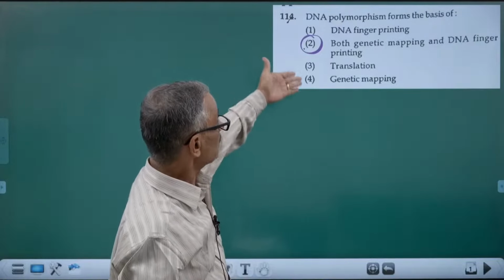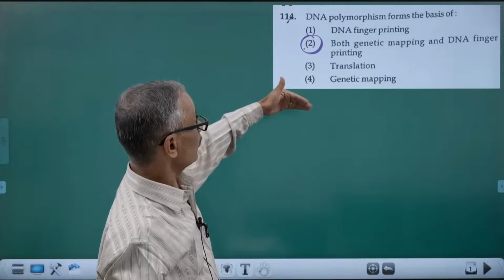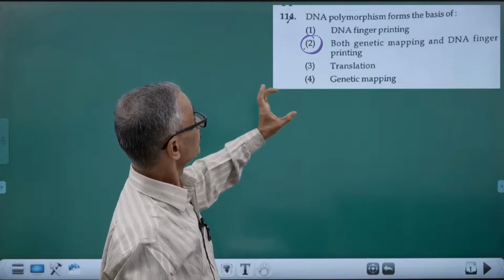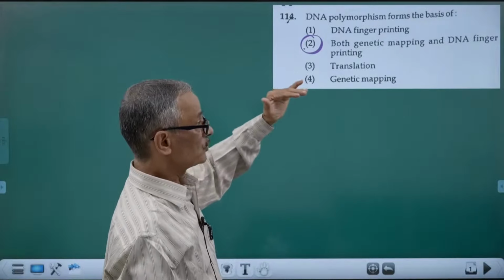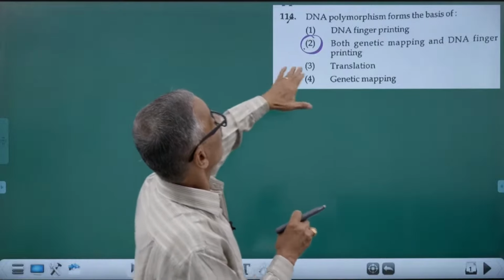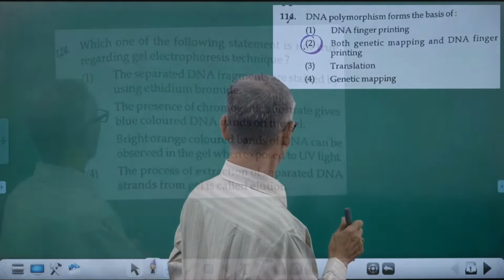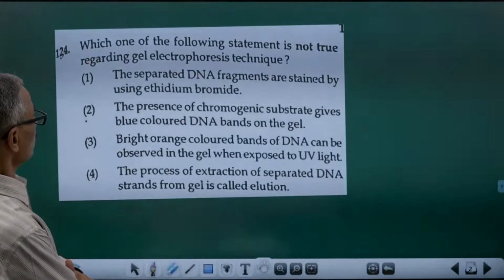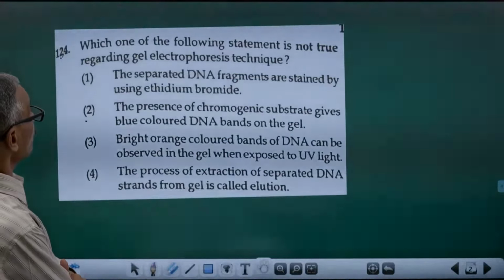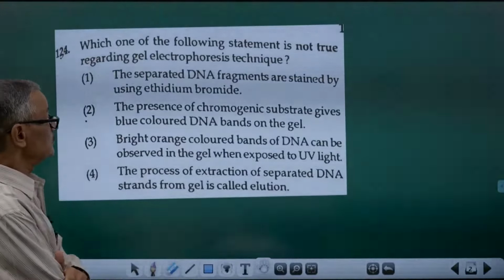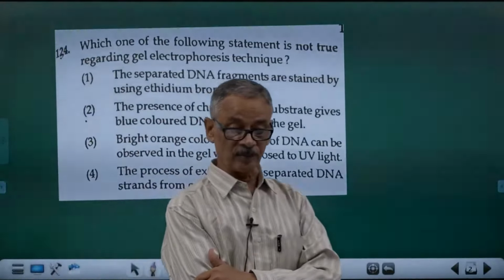It is based upon DNA polymorphism that we are marking the genes in a chromosome as well as DNA fingerprinting is done. Okay, which one of the following statements is not true regarding gel electrophoresis technique?